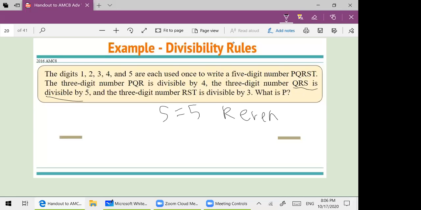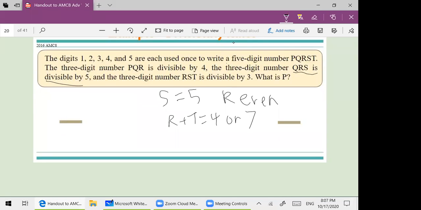So you also have that RST is divisible by 3, which means that R plus T equals 4 or 7 or 1, but 1 cannot be formed using the digits 1 through 5. So if it's 4, then R and T equal 1 and 3 in some order, and this cannot work because we already determined that R must be even. So R plus T equals 7, so R equals 2 and T equals 5.